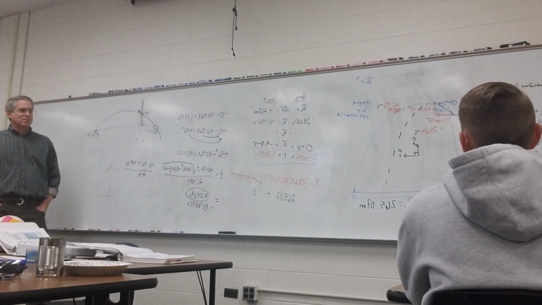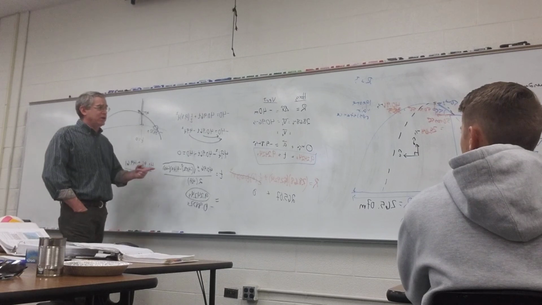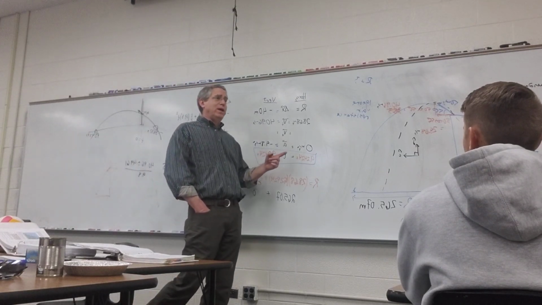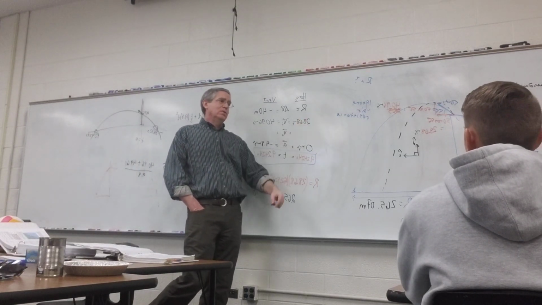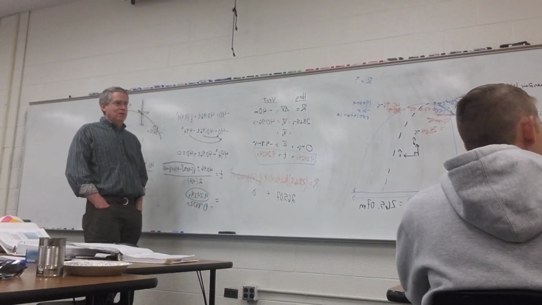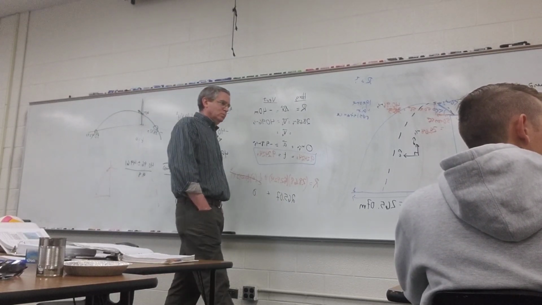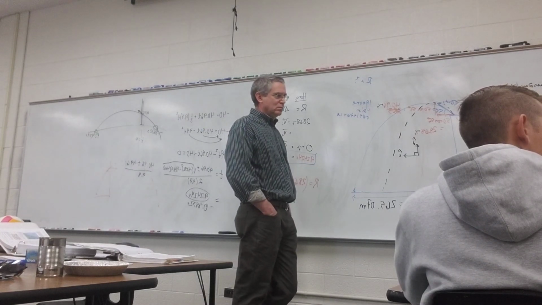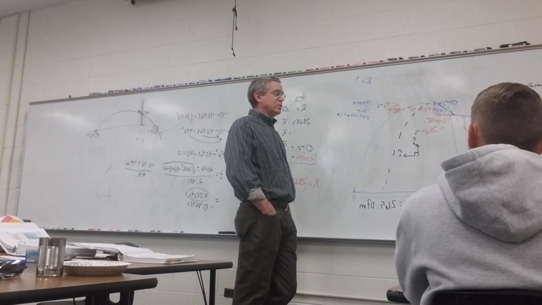Can we still use the quadratic equation or formula? No, because acceleration is not constant, so we can't use any of those equations. As it falls, the air resistance would increase because as the speed increases, the air resistance increases.